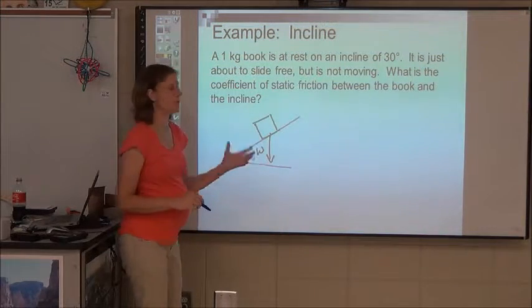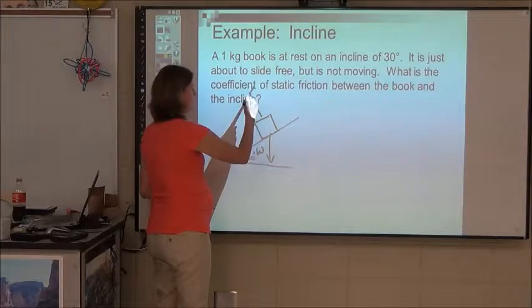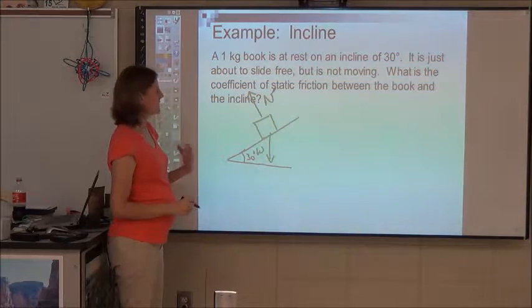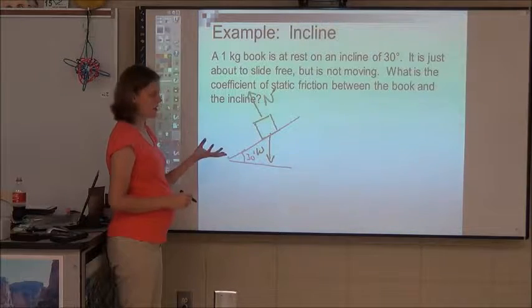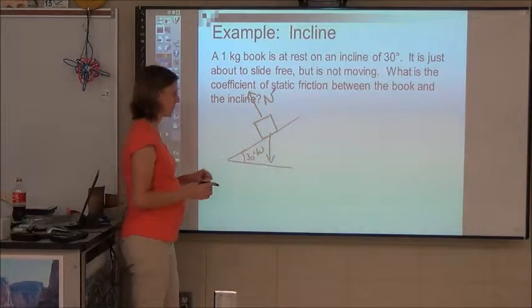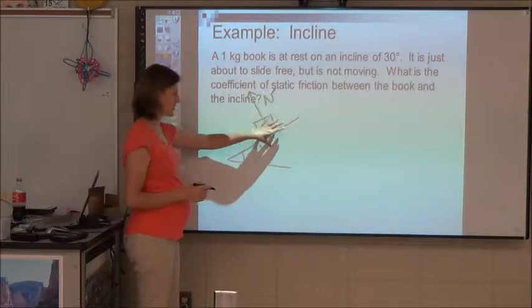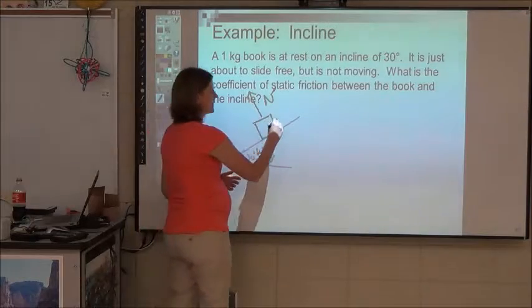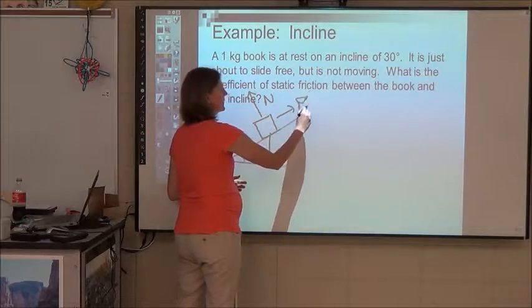Also have normal force perpendicular. And if it's not moving and it's on an incline, the only reason why it wouldn't be moving is because of friction. So based off this picture, of course, it would want to go down and to the left, so friction must be up and to the right, preventing it from moving.